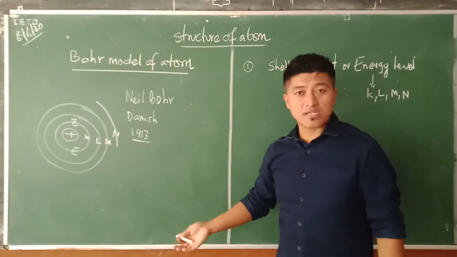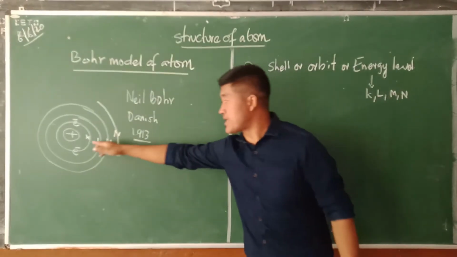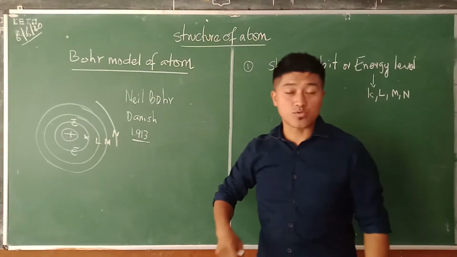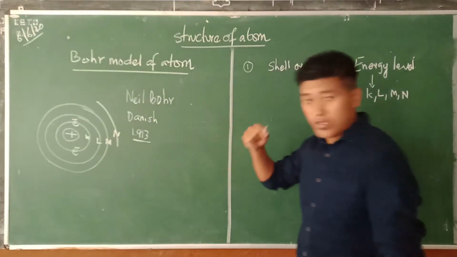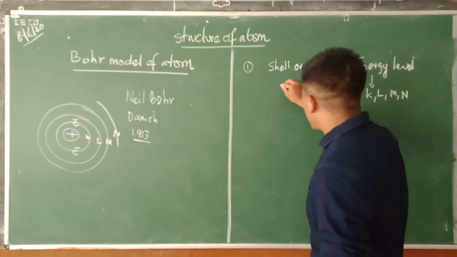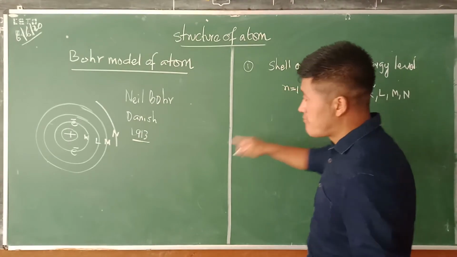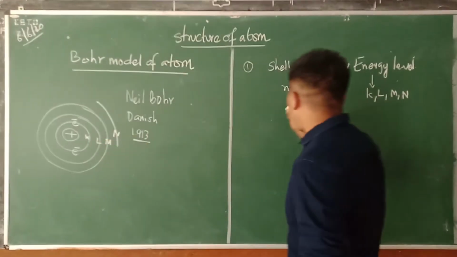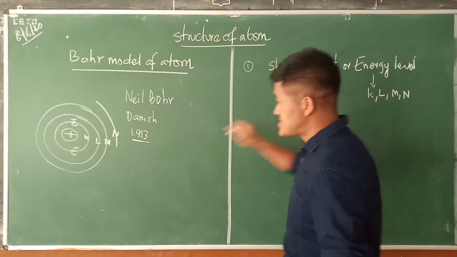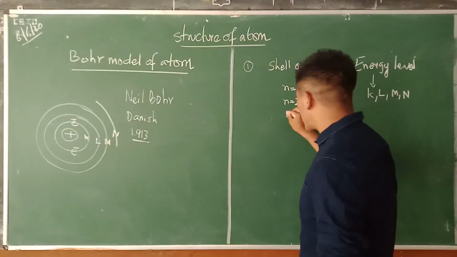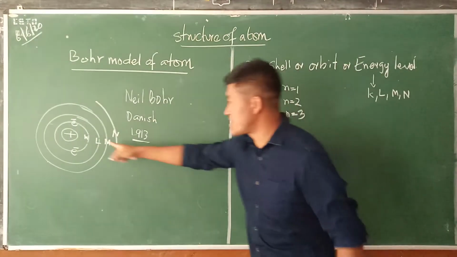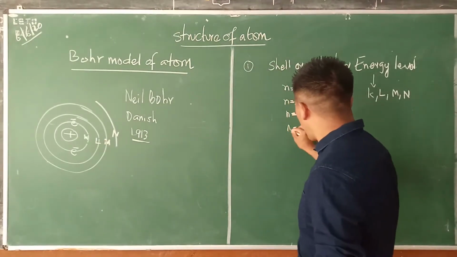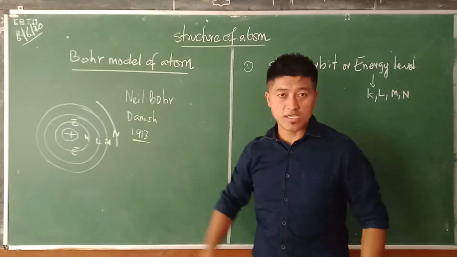Now imagine, instead of naming K, L, M, and N, if you wanted to write 1, 2, 3, 4, you can also do that by writing n equals 1 for the first shell, n equals 2 for the second shell, n equals 3 for the third shell, and n equals 4 for the fourth shell, and it goes on.